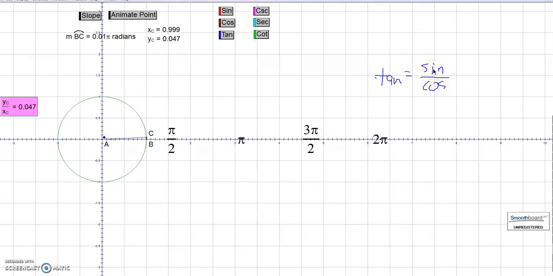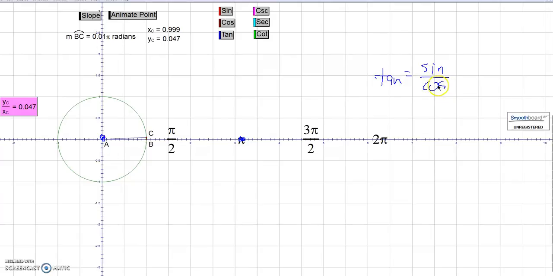Sine is 0. If you go back and look at the graphs up above, sine is 0 at the beginning and at pi. So the graph of tangent should go through the x-axis at those same points. And then I want you to think about what's going to happen to the graph of tangent when cosine is 0.